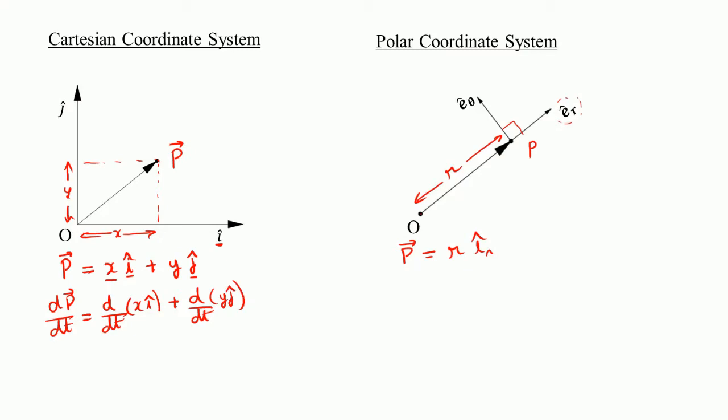Now since i and j do not change as the particle changes, only x and y change. So I can write this as dx by dt into i plus dy by dt into j.